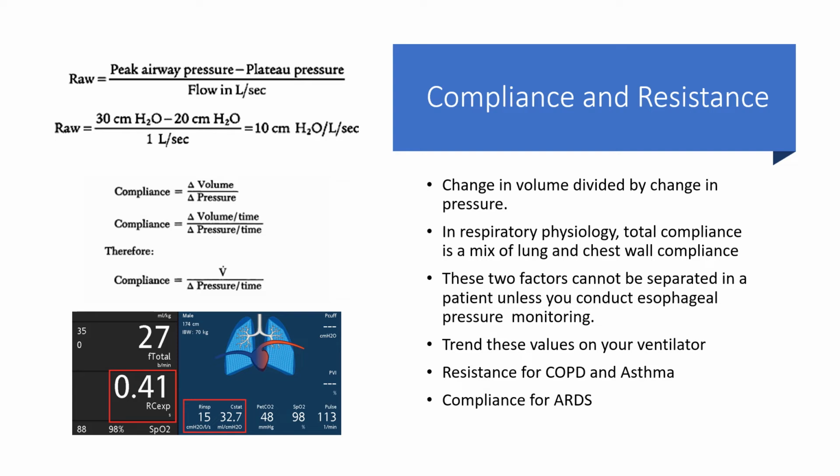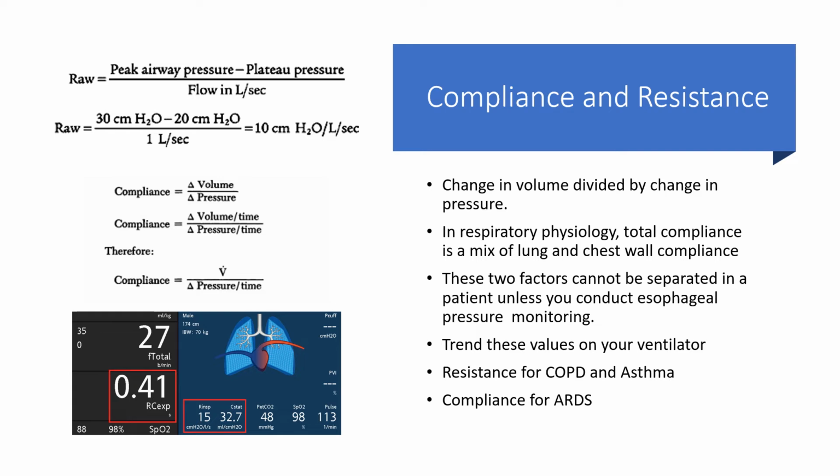Their total lung compliance is affected because of the impediment of the chest wall, but not necessarily the lung. The only way to get a true value of lung compliance, or at least a good estimate, is esophageal pressure monitoring. They put an esophageal balloon down into the stomach, and then they can measure lung volumes that way. That is the best way to do it.